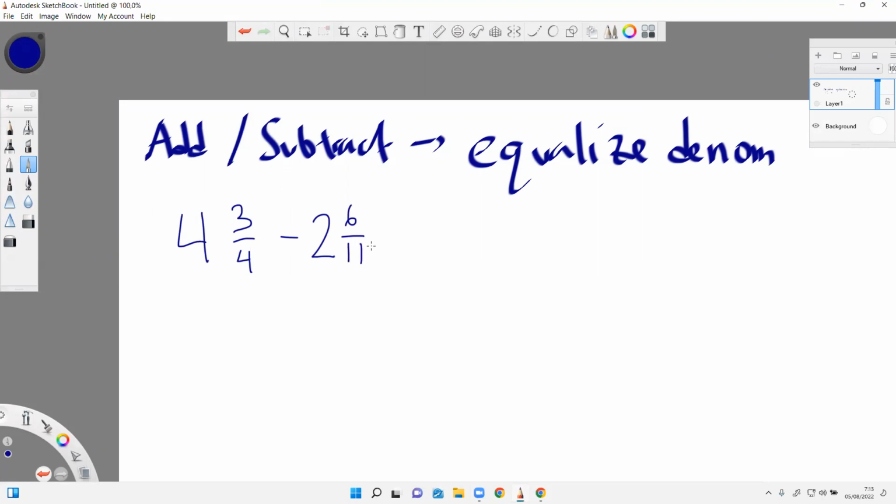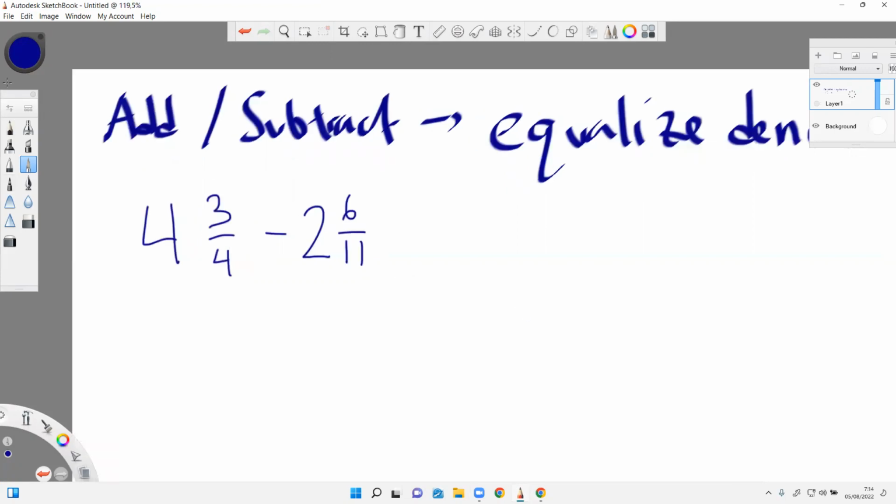First thing first, what you have to do? Yes, that's good. You change the mixed number into an improper fraction. How do you change the mixed number into an improper fraction? We haven't equalized the denominator yet.